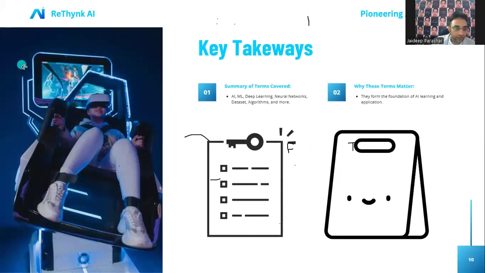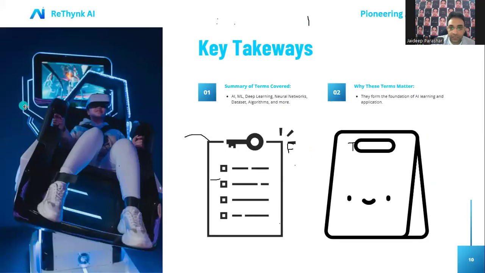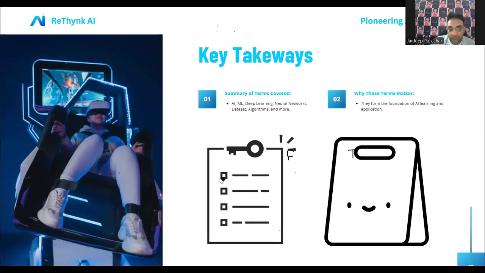What are our key takeaways? First of all, learn all these vocab terms by heart: AI, ML, deep learning, neural network, dataset, algorithm. Learn all these AI terms by heart. Make your own notes. I'm a researcher by profession.